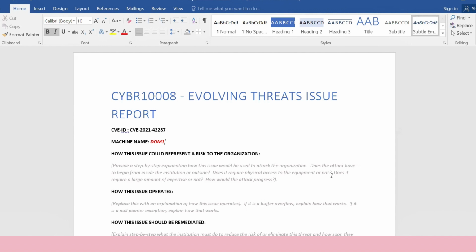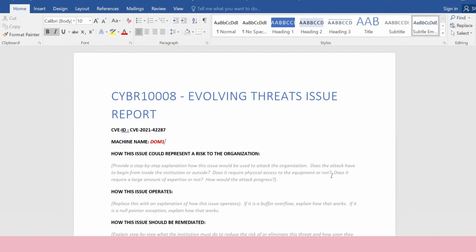So the next question is, does it require a large amount of expertise or not? I think they're talking about in terms of exploiting the vulnerability. Definitely, for you to exploit this vulnerability, you must know how to exploit vulnerabilities. So yes, I think it requires expertise.